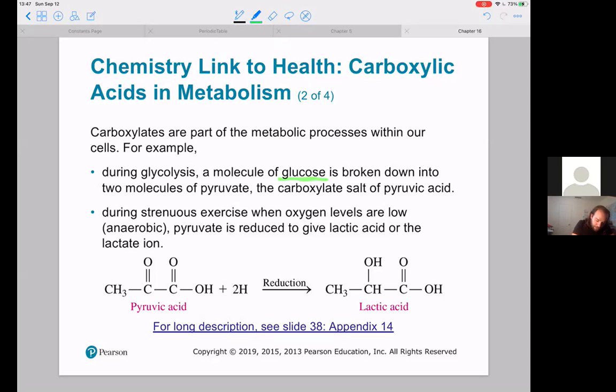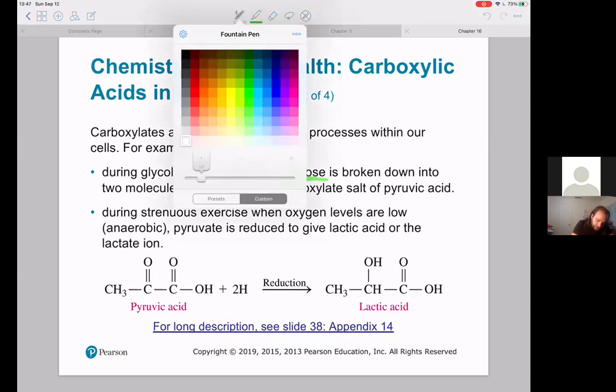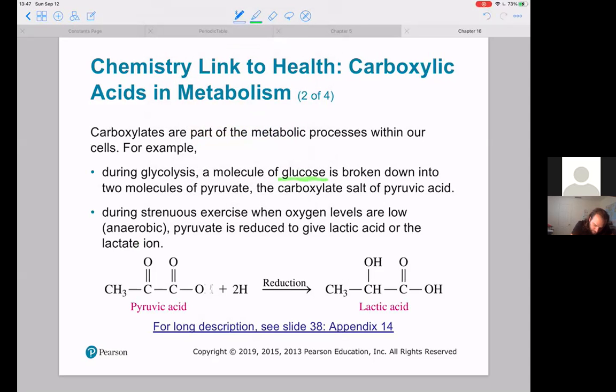Let's go ahead and draw that carboxylate version. This guy here plays a key role in metabolism. This molecule is pyruvate. Again, it's the carboxylate salt version of the acid that was there before.